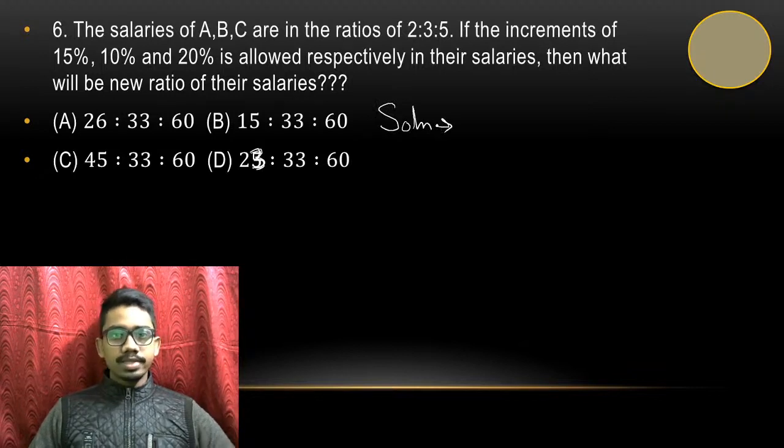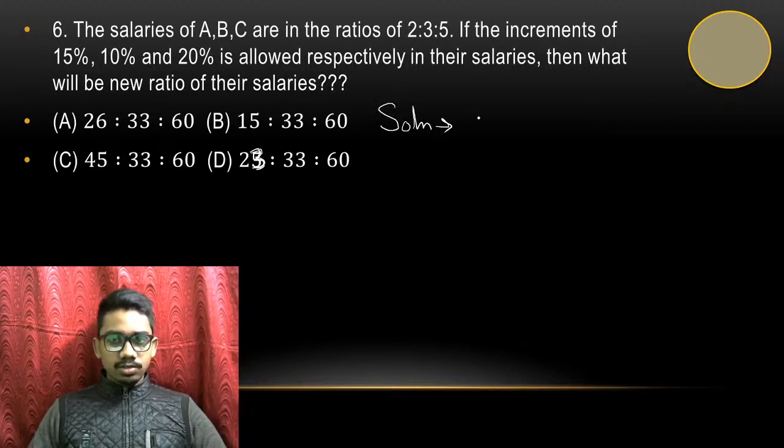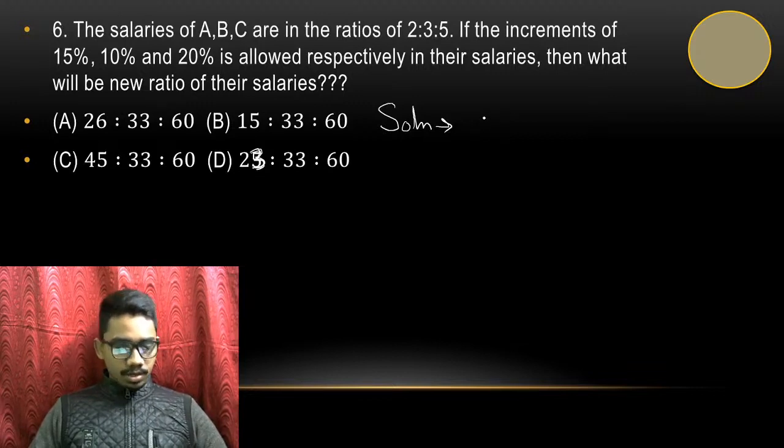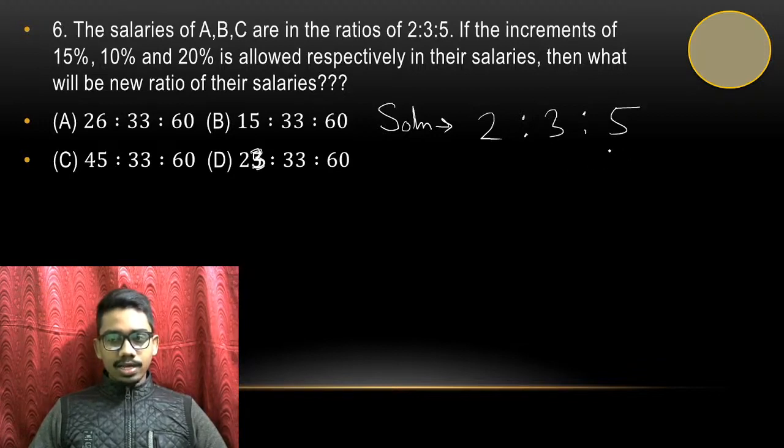So see, the salaries of A, B and C are in ratio 2 ratio 3 ratio 5. ठीक है. So मैंने लिखा 2, फिर मैंने लिखा 3, then I wrote 5. So what I can do, I can just adjust the values.